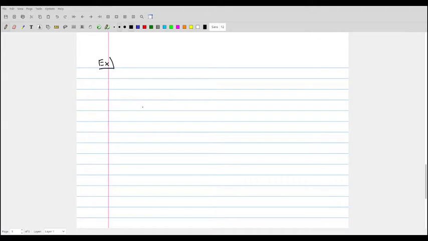Let's do another example function. We'll do one more. Specifically, we'll choose f of x is equal to cosine of x.